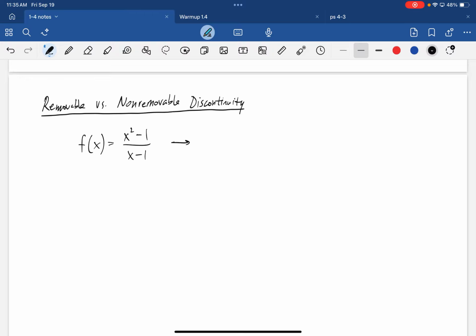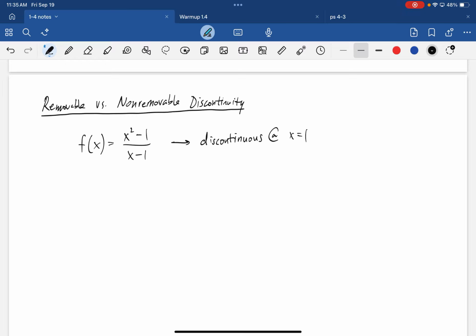And where is this discontinuous? Very good. At x equals 1, it's discontinuous because that makes the denominator 0, right?